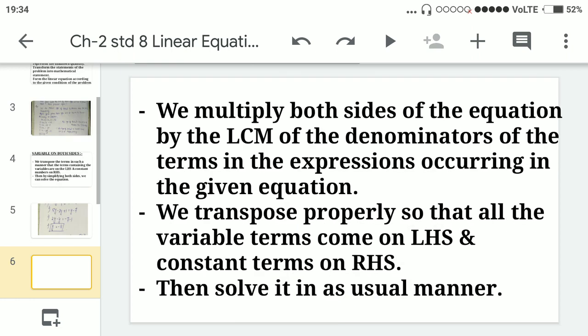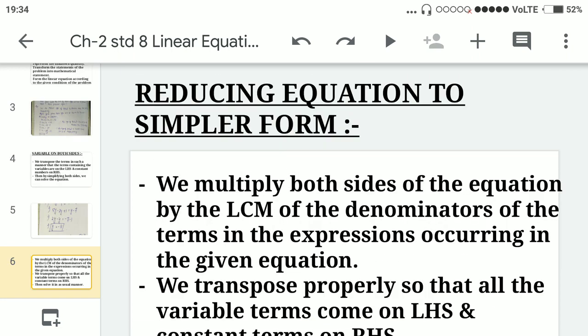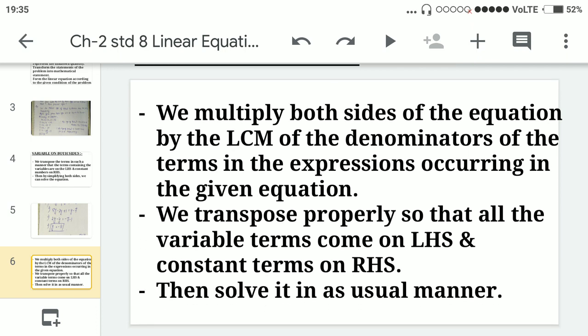Okay, next move to another part, that is reducing an equation to simpler form. Simpler form means what? It may be in a complicated way. First of all, you have to convert it into the simplest form, then you can solve it. So we multiply both sides of the equation by the LCM of the denominators of the terms in the expression occurring in the given equation. That means if any equation is present in the form of fractions, in that case first simplify that one, then you can take the LCM of the denominators and multiply both sides, then it will be easy.